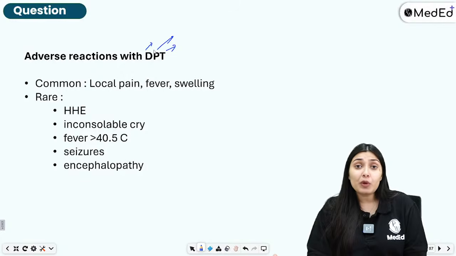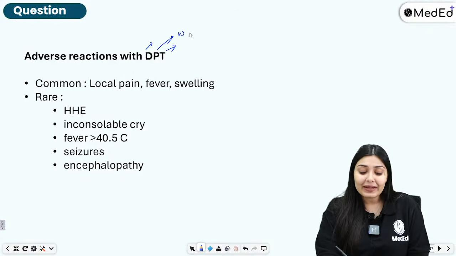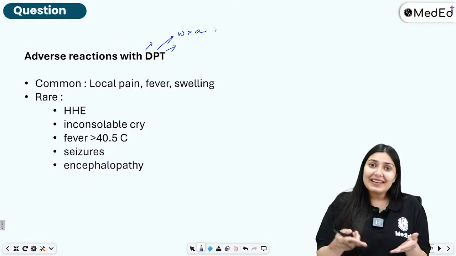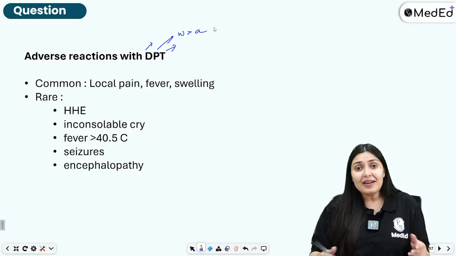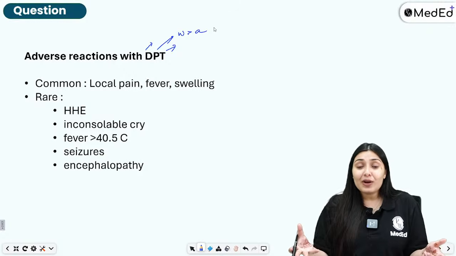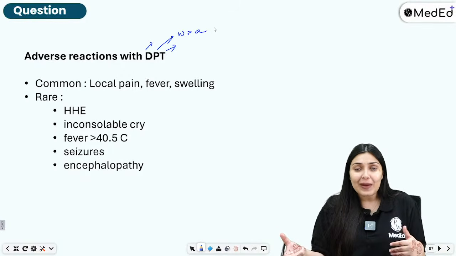These things are more associated with the whole cell variant as compared to the acellular variant. That's why in the market you see the fancy names like painless vaccine. So this painless vaccine is actually the acellular vaccine. It's not actually painless. Whenever the needle is going to go, the baby is going to cry, but there will be less signs of inflammation locally. So that's why they call it as painless vaccine.